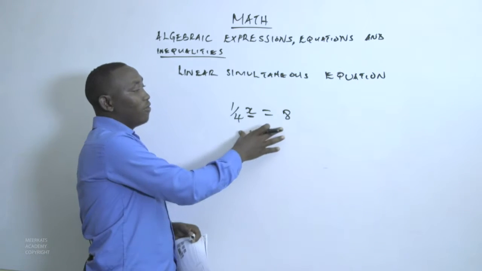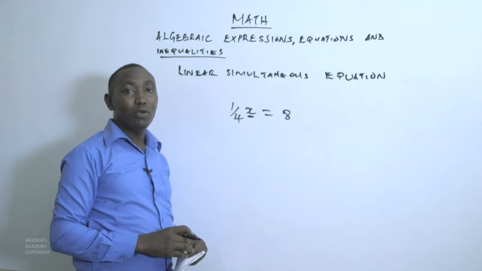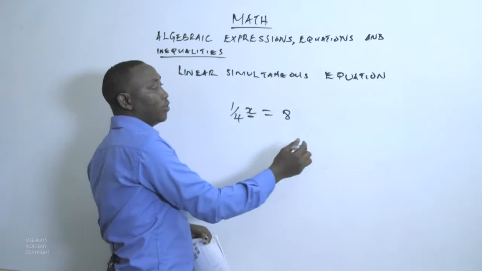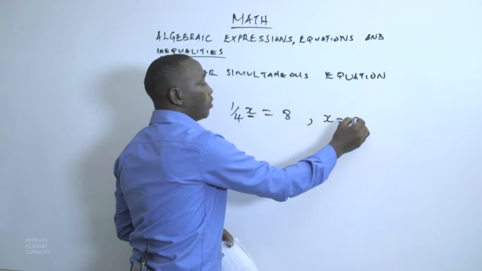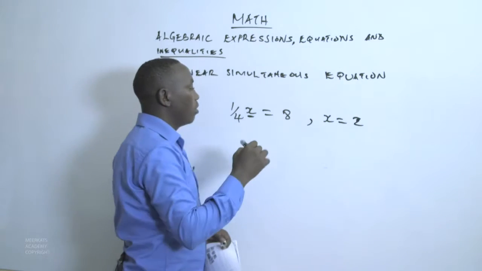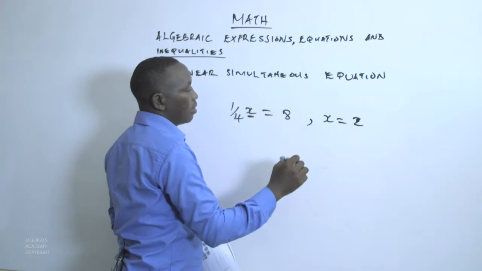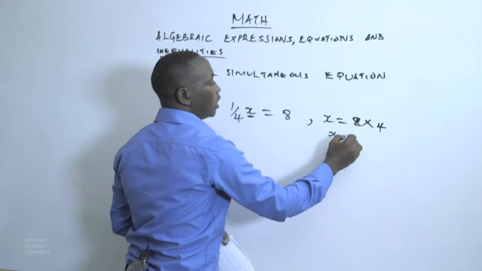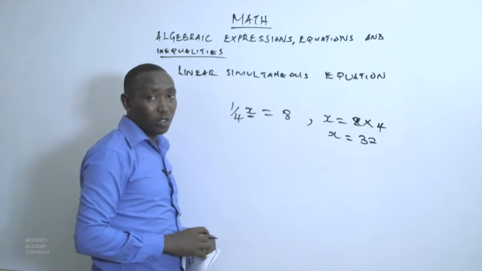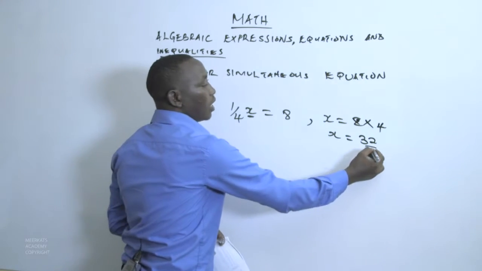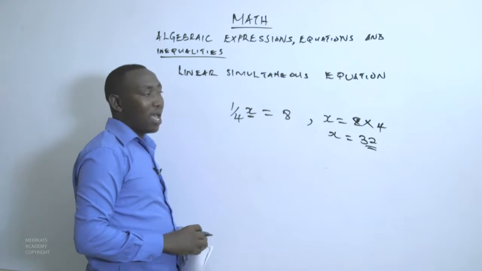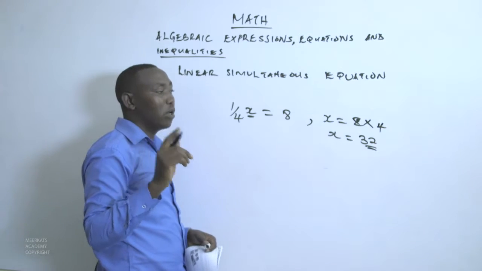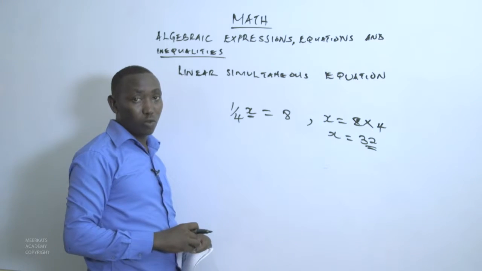We can solve this and obtain the value of x, which will be 8 multiplied by 4, which is 32. This 32 is a unique solution, and this particular equation has a single unique solution, which is 32.